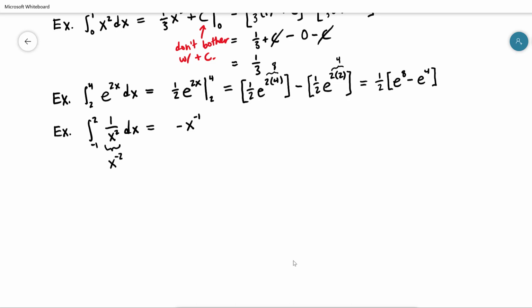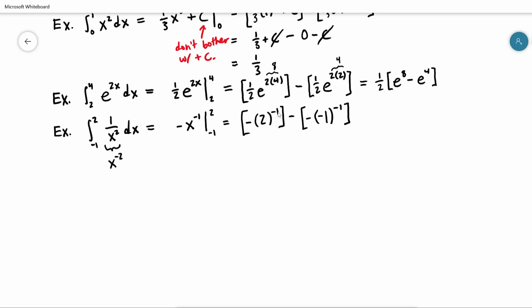And all we're doing is evaluating it between -1 and 2. And so when I plug in these values, the first one will be -2 to the -1 power. Right? So there's plugging in the upper bound. From that, I will subtract off plugging in the lower bound. I'll get -(-1) to the -1. So I'm just plugging in the +2 in place of x here, and I'm plugging in the -1 in place of x on the bottom. So let's think about what this gives me.